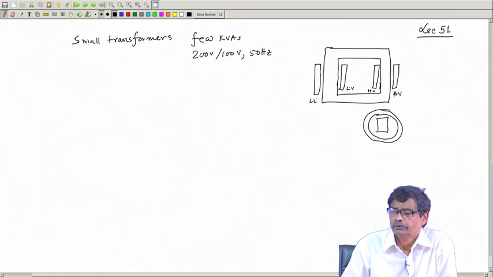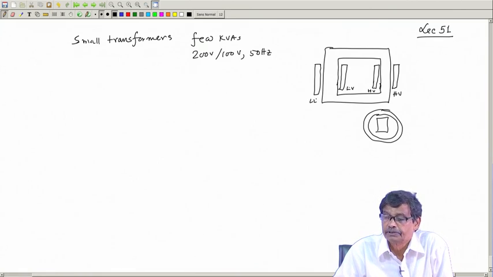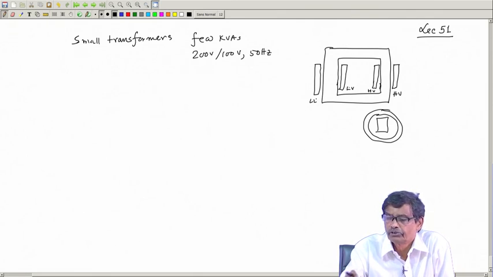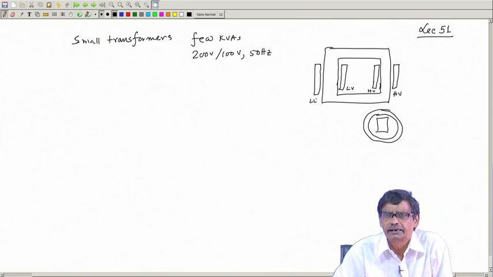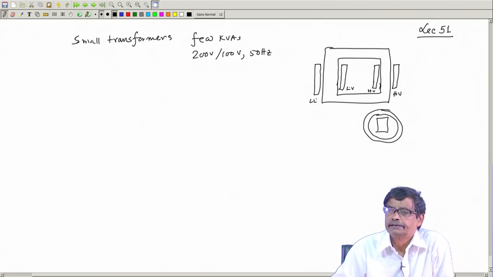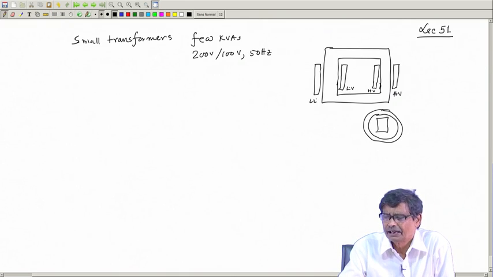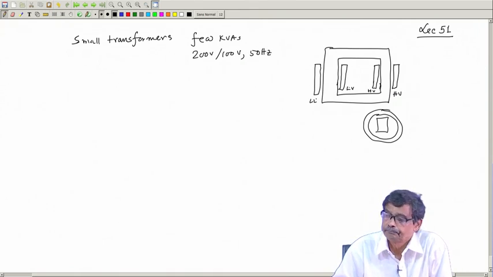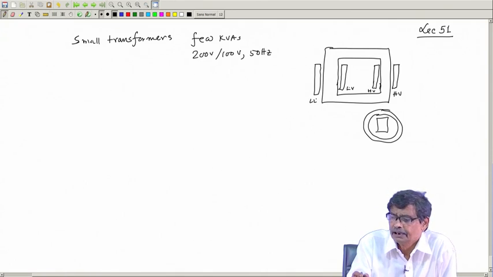And also I told you that to reduce the leakage reactance of the transformer, LV windings may be divided on these two limbs, so also HV windings, and they may be connected in series respectively, so that leakage flux is reduced and leakage reactance is reduced. So here I have drawn LV on this limb and on the other limb, and terminals will come out of the transformer on a terminal box.